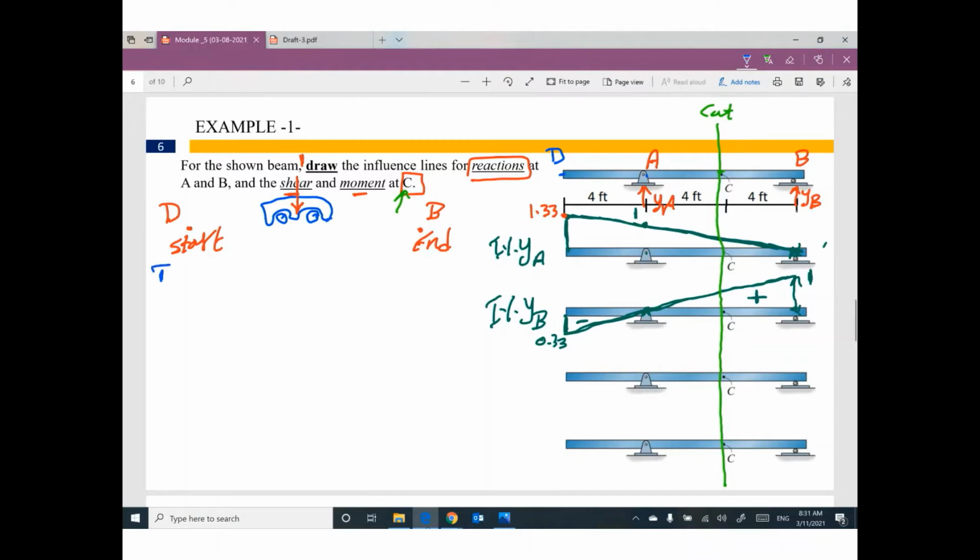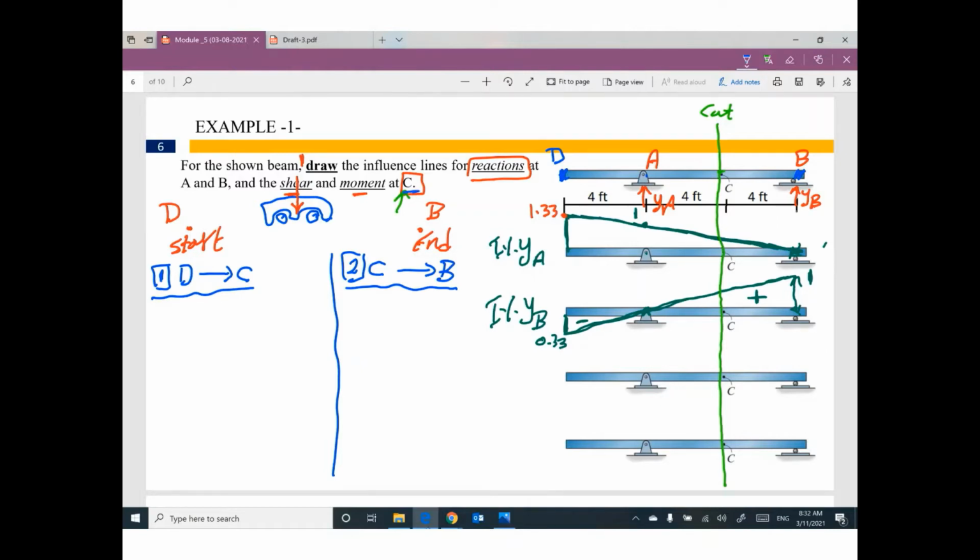The first trip starting from D to C. The second trip will continue from C to B. Just to be clear with you, before anything, the moving load will start from this end to this end. But we have a point C. Why you are looking for C? Because I'm not looking for C. The problem is looking for C.